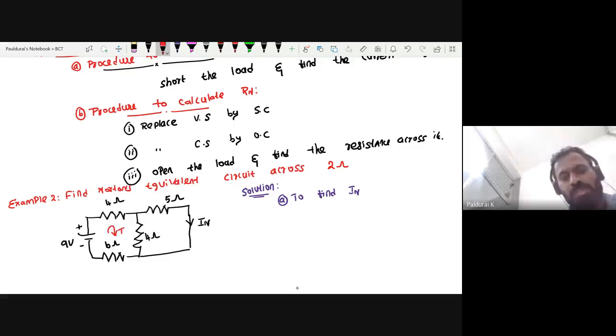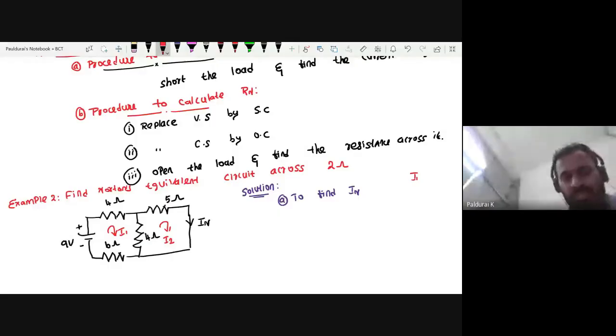As per our earlier discussion, take I1, I2, and IN equals I2. So I made a short circuit, and this is my IN.